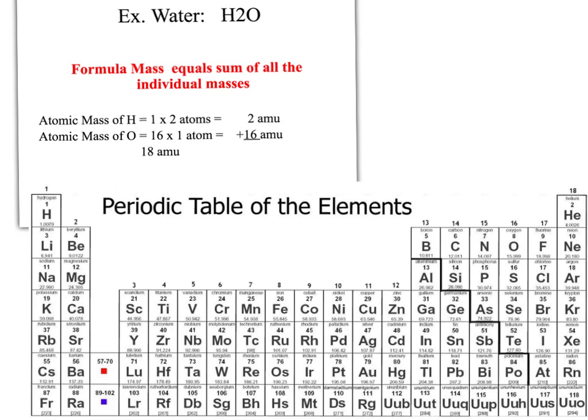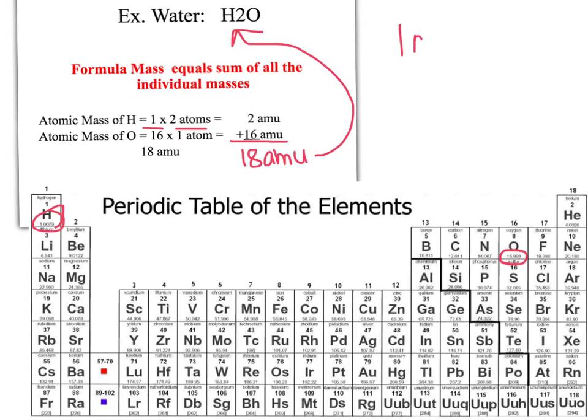On this slide, we have the same thing showing water. Water, the atomic mass of hydrogen is 1. And there's 2 of them in a water molecule. And then oxygen is 16. And there's 1 of those in a water molecule. If we add this up, we get that a single molecule of water would weigh 18 AMU.